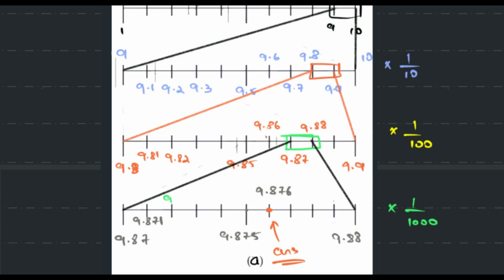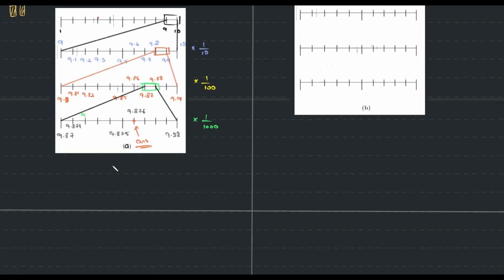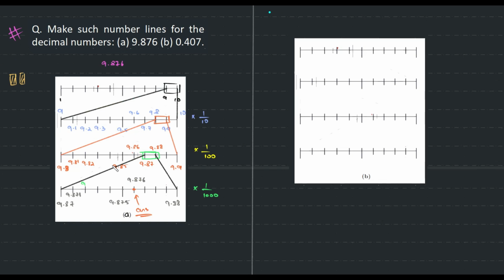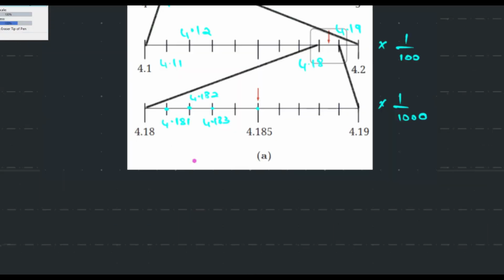Again, guys, let me recap all of this. It's a good place to recap. We are looking at, oh, we have one more number. Let me do that also. 0.407. Let me do this and then summarize. Alright, just a second.